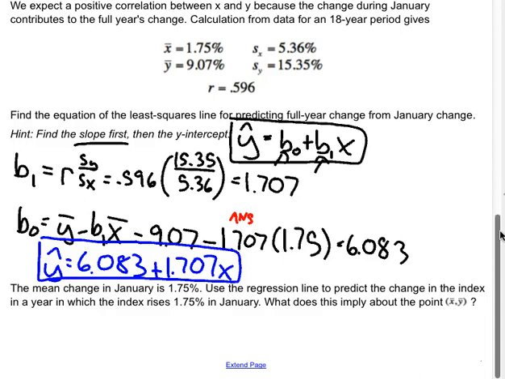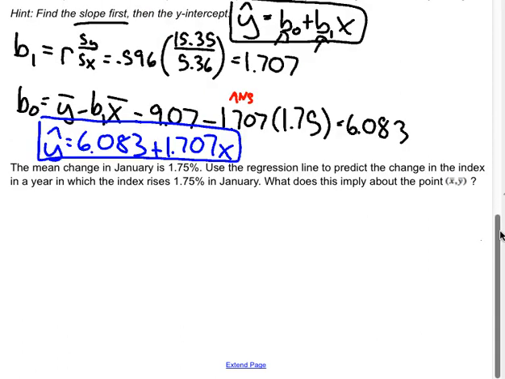Now, the last part. The mean change in January is 1.75%. Use your regression line to predict the change in the index in a year in which the index rises 1.75 in January. What does that imply about the point with the two means? So here, it's saying this is what I should be plugging in. When January goes up by that mean, what's it doing?